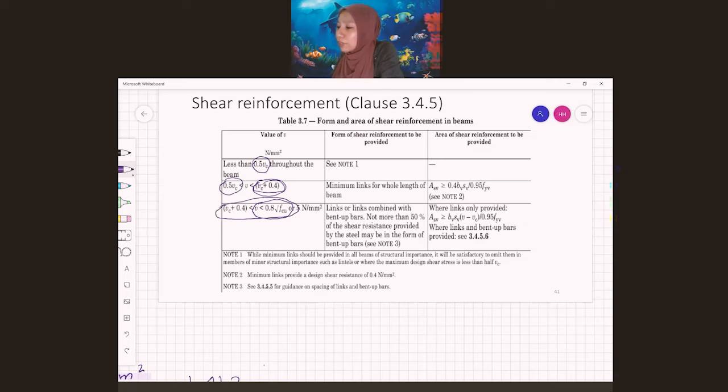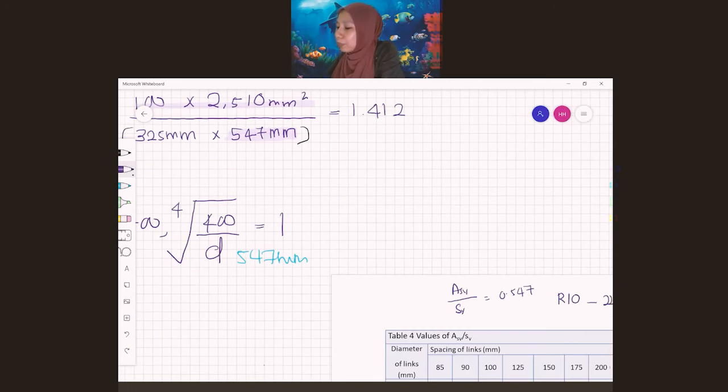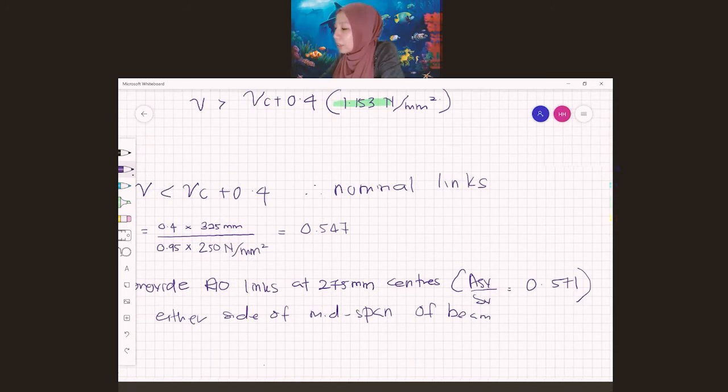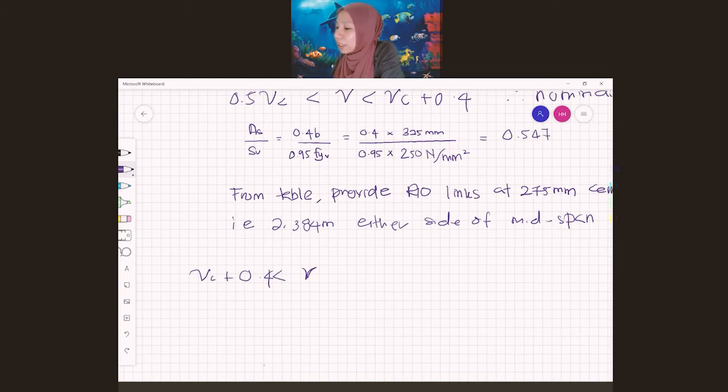Okay, so sekarang another situation is this one. So kita kena design that design link. Masa yang tadi yang kita kira tu nominal link, yang ni design link. Okay, so the situation we know that V is bigger than VC plus 0.4 but less than 0.8 square root FCU. Masa yang you kira, this one masa kita kira permissible stress.